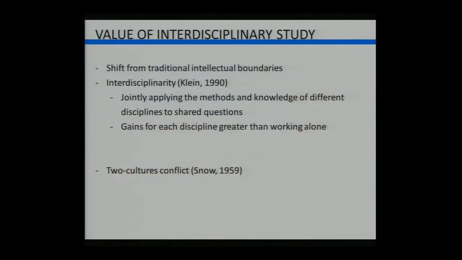But these two areas also have shared values, namely the search for truth. And so we need to exploit these similarities while at the same time using differences as advantages.